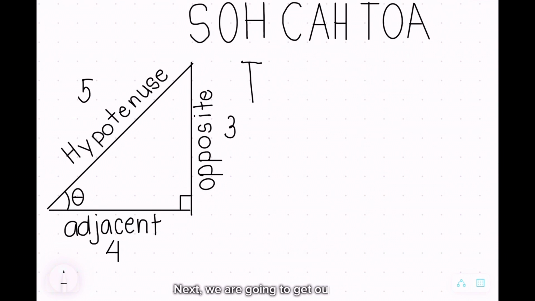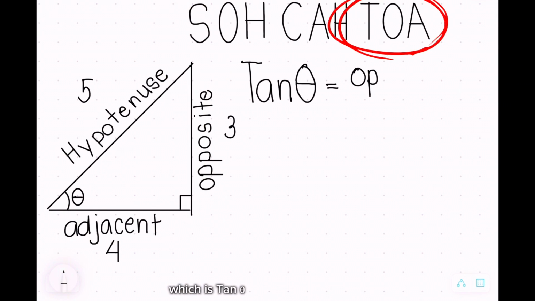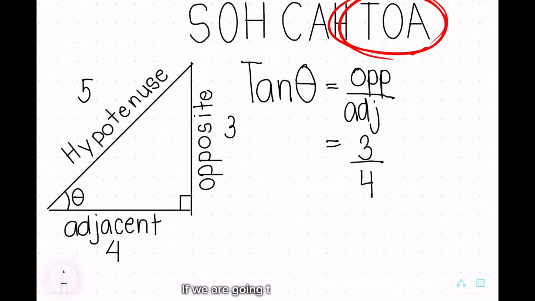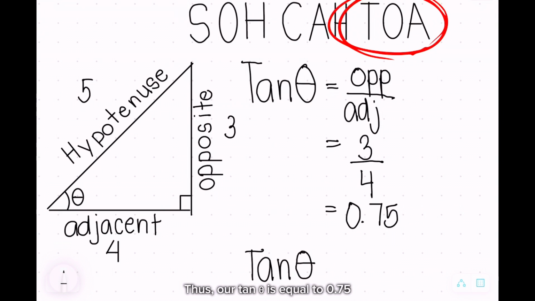Next, we are going to get our tangent theta. To get this, we are going to use TOA, which is tangent is equal to opposite over adjacent. Our opposite side is equal to 3 and our adjacent side is equal to 4. If we divide 3 by 4, the answer would be 0.75. Thus, our tangent theta is equal to 0.75.